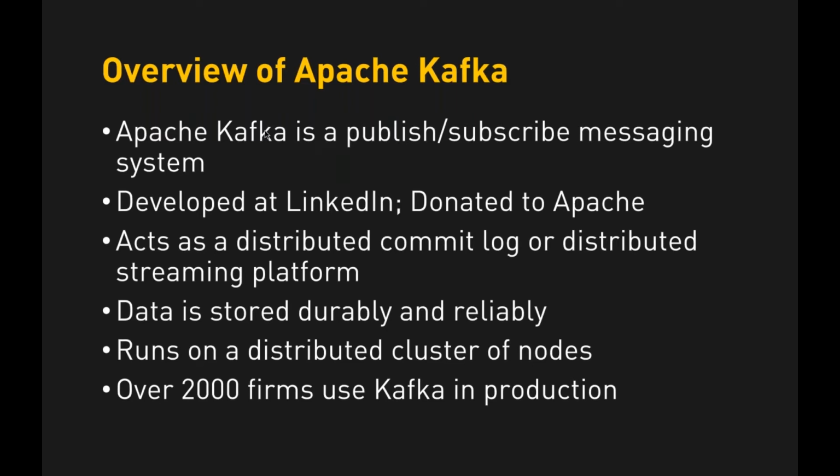So one of the key areas that Kafka shines is the durability of data and the reliability of data. So what happens when the data enters Kafka, but the consumers who are responsible for processing it are offline, or they are currently unavailable due to a connectivity issue, or they have just crashed?